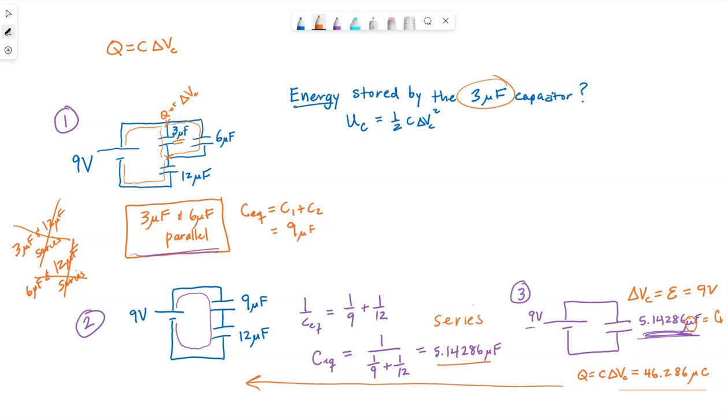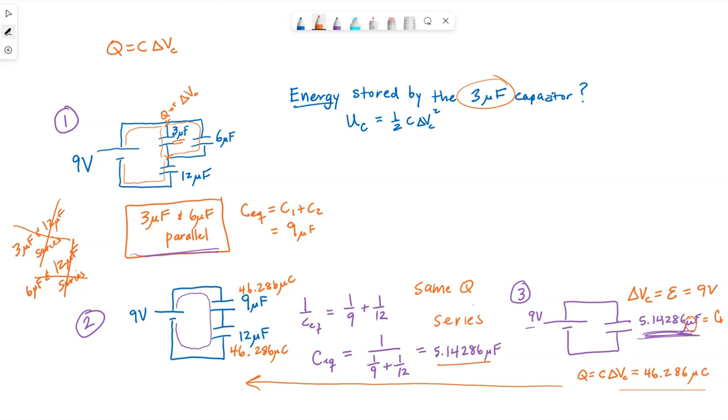Capacitors connected in series must have the same charge, and they must have the same charge as their equivalent. So I can come back here and say that both of these have a charge of 46.286 microcoulombs.